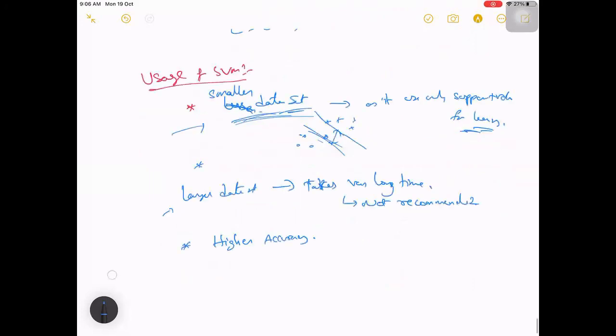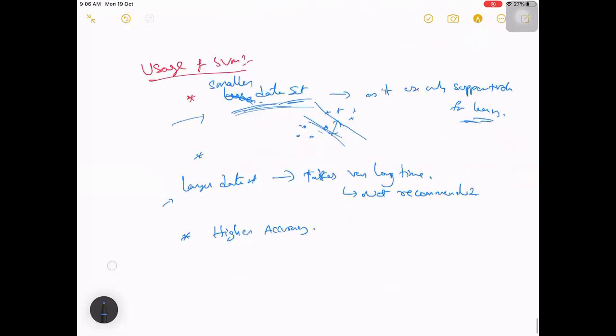The only concern is when there is large data. It's not recommended because it will take a lot of time, maybe a couple of hours. So it's not much recommended in that kind of scenario. So this is it for support vector machines.